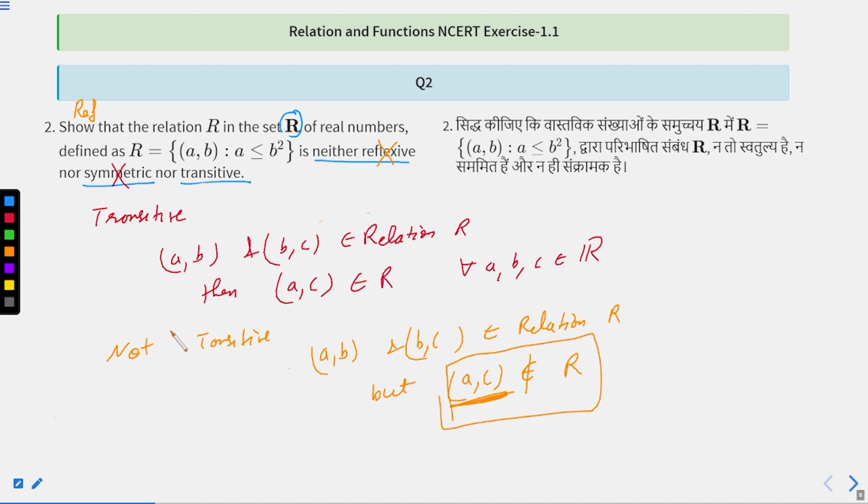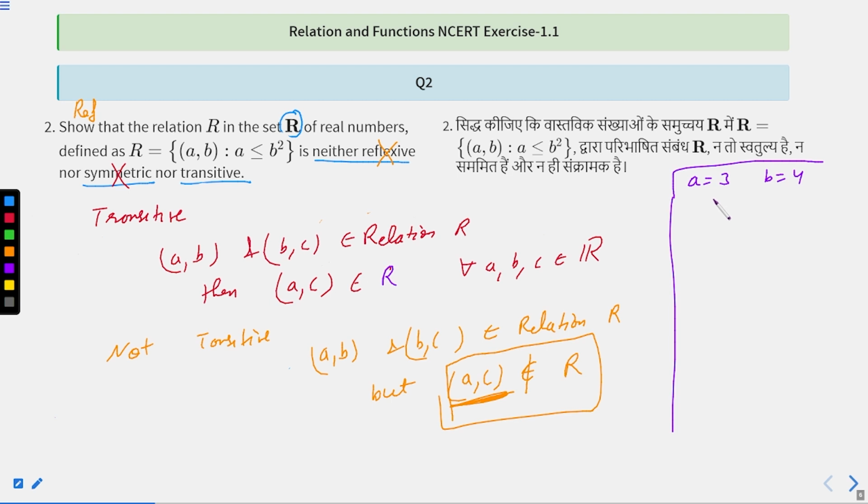Let's see, is there any? As you can see, it is already given that it is not transitive, so we need to just find out which A, B, C we are talking about. Quite easy. Take A as 3, B as, let's take 2, and I will take C according to them.